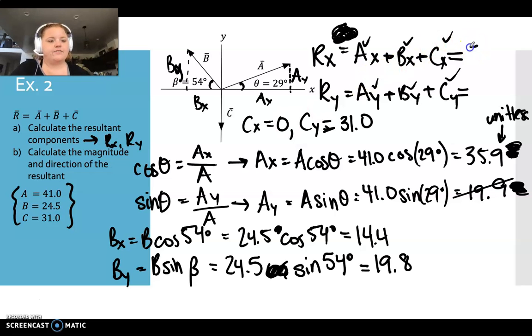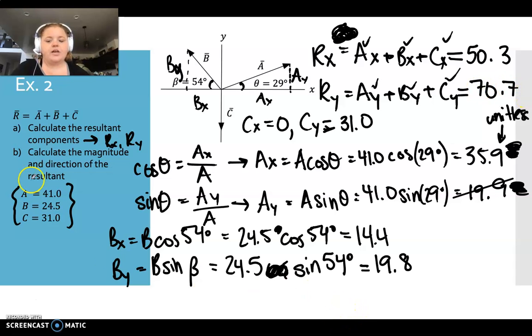So we get 50.3 as our resulting component in the x direction. Then for y, we have 19.9 plus 19.8 plus 31. So our r sub y component is 70.7.